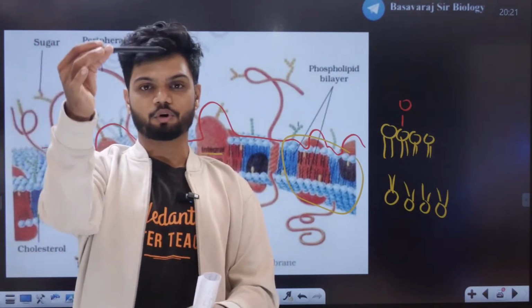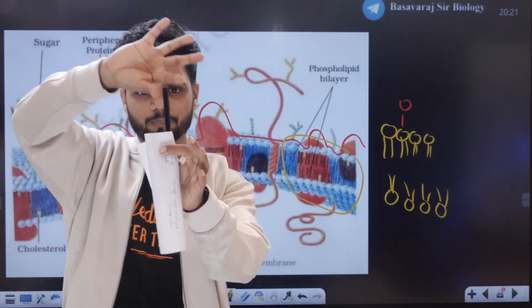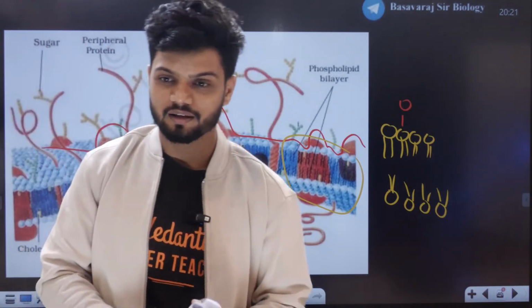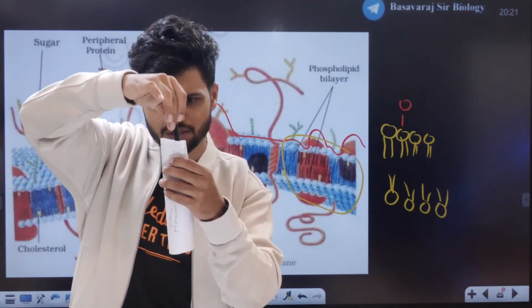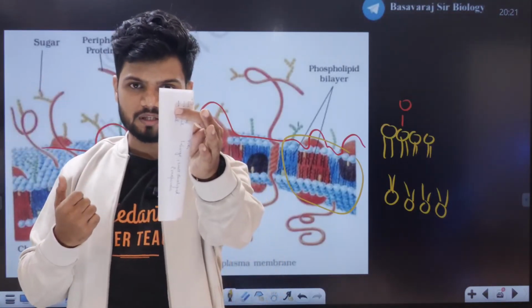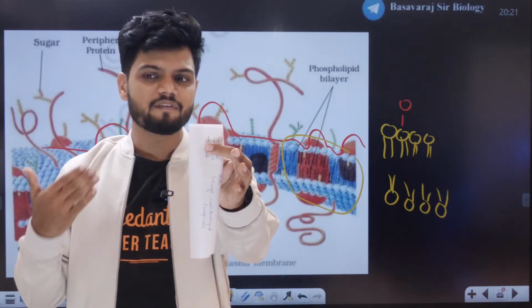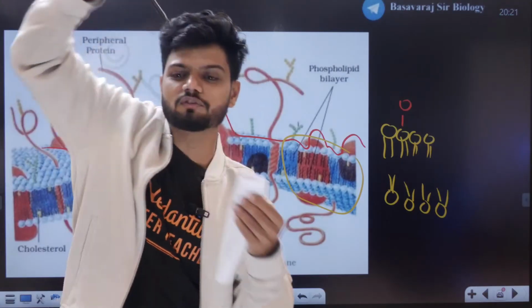Now, for example, this is a protein, and this protein is somewhere outside like this. Can I remove the protein easily? Yes, I can. Now, what if the protein is completely on the inside? Is it easy or difficult to remove now? It is going to be very difficult. You have to put something inside and pull it out.